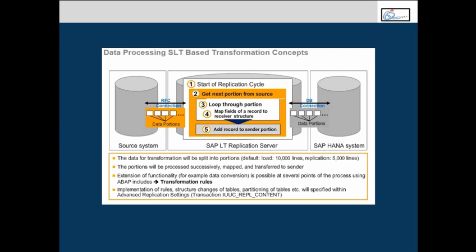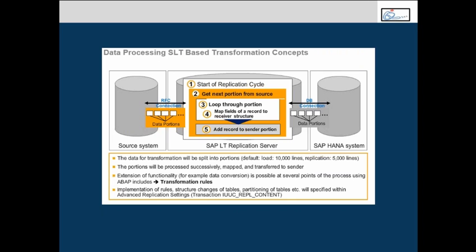It takes portion one, loops through the portion, each record is processed and added to the receiving portion. You can understand it as something like begin of portion, end of portion, and begin of record. When you loop through the portion, it executes the loop for every record in the portion, and each record of the portion is processed.